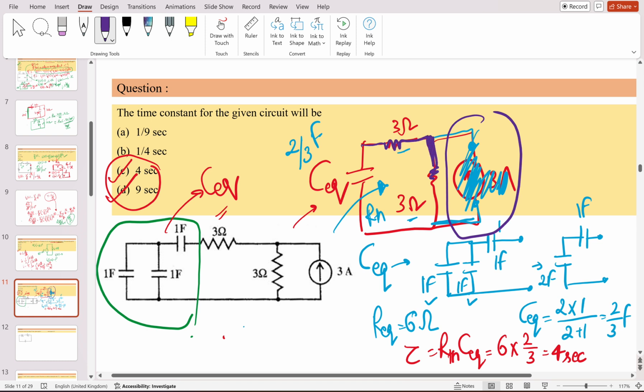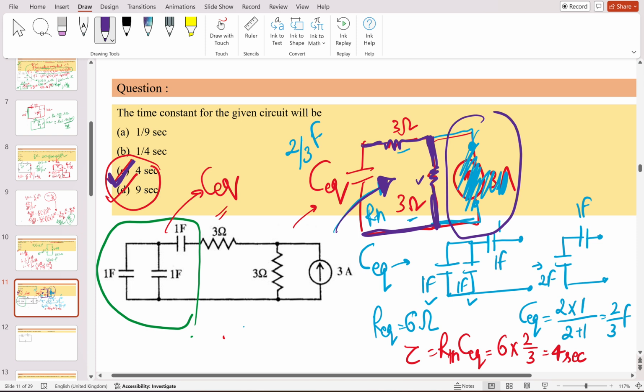This circuit will come into the picture. Seeing from the capacitor side, this 3 ohm and 3 ohm will be in series basically. You have to add it. It will be 6 ohm. Any doubt? So the correct answer will be 4 seconds.